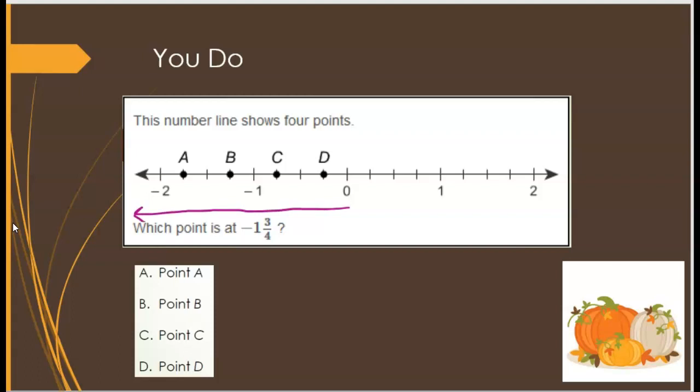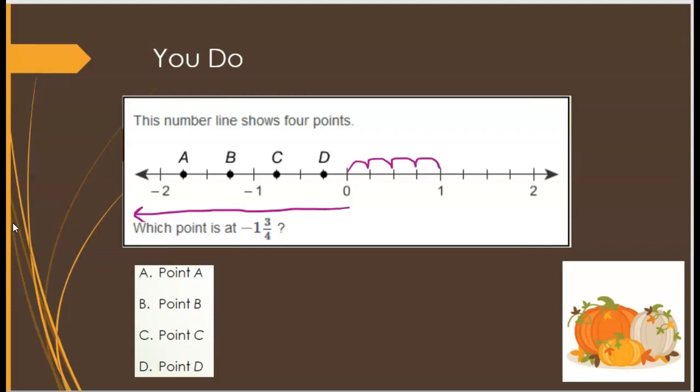But let's see. What do our tick marks represent? I'm going to do this over on the positive side, but it'll be the same on the negative side. So there's 1 bunny hop, 2 bunny hops, 3 bunny hops, 4 bunny hops.